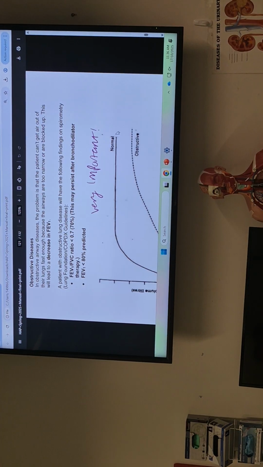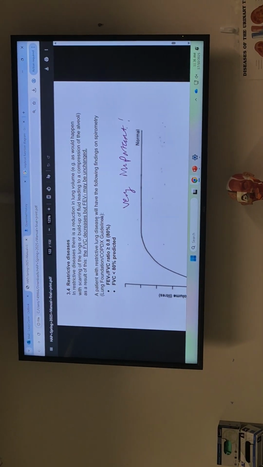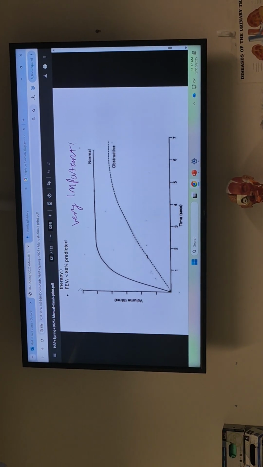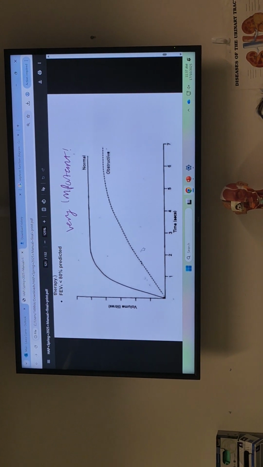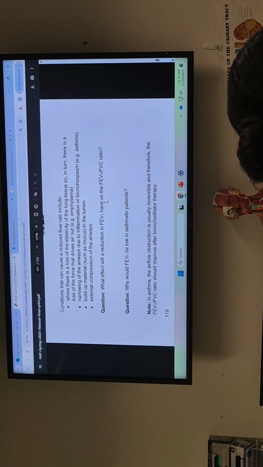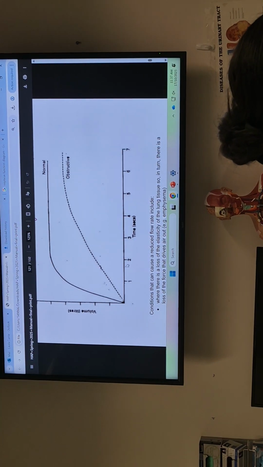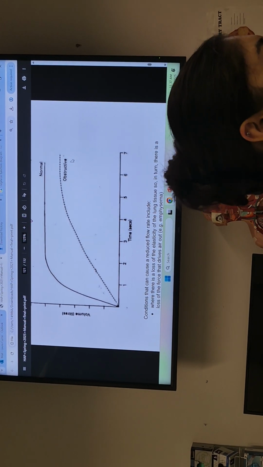And then very important, your obstructive versus your restrictive disease, and what they look like on these graphs, okay? What you can do is literally just sketch this graph and put all three of them in this one graph: normal versus obstructive versus restrictive trends. You can see that obstructive is going up slowly. The FVC is not too low, it's almost normal.